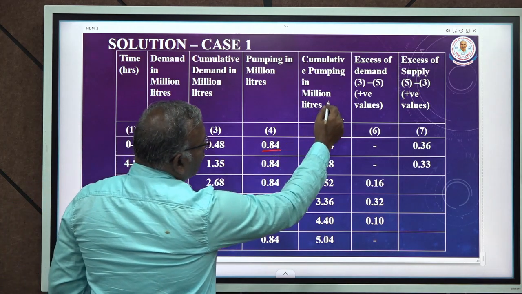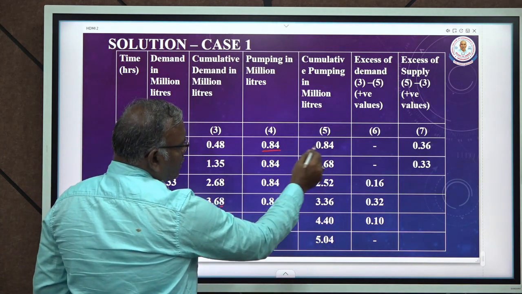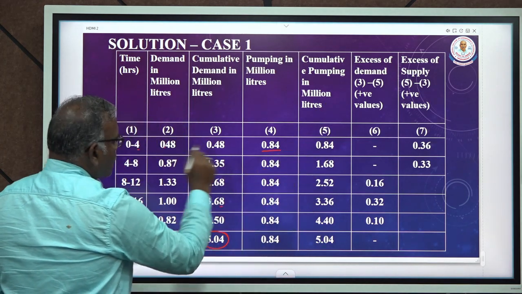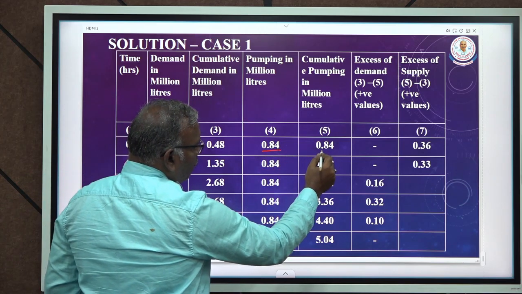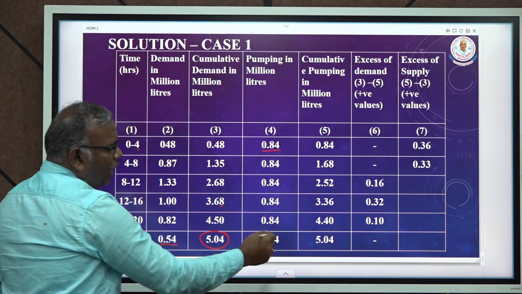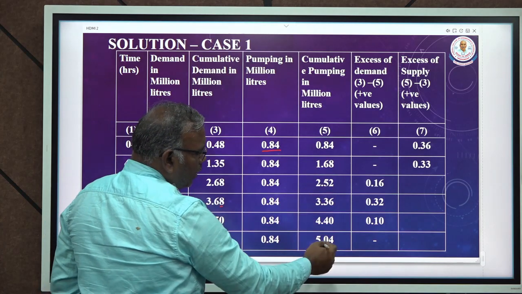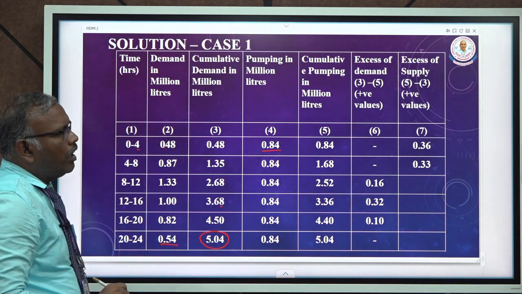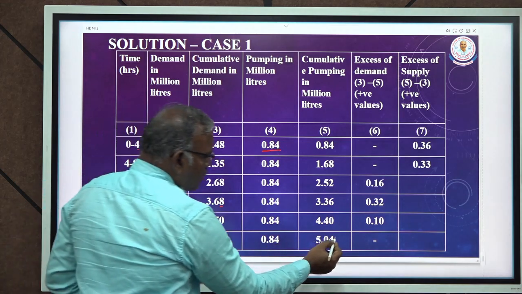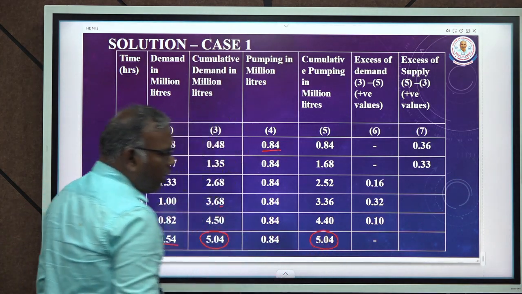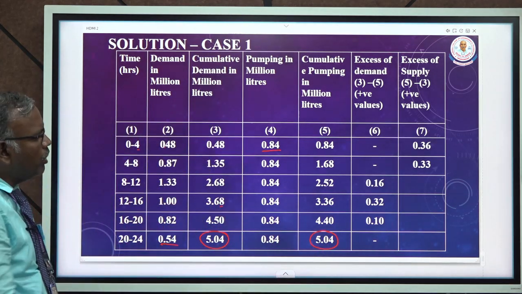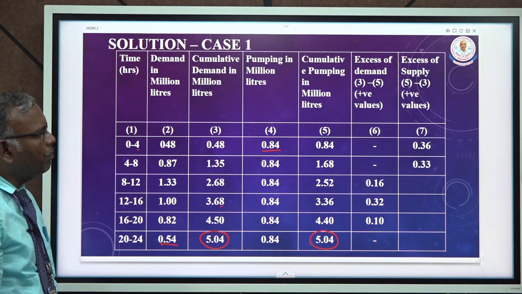Next, the cumulative pumping is the addition of these successive values. The first one is 0.84, and we add the consecutive values, and we get the cumulative amount of pumping, which is also 5.04, the total amount of pumping.